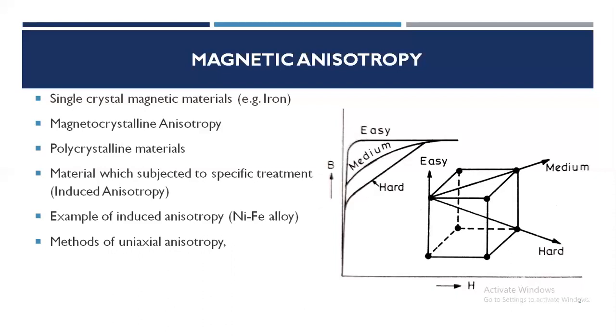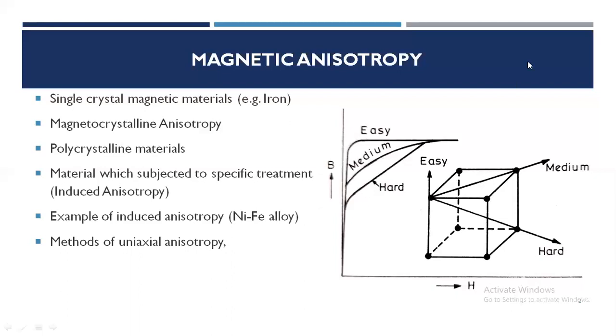In bulk materials, there are three basic methods by which uniaxial anisotropy can be induced. What is uniaxial? In a single crystal, there is one crystal. In a polycrystal, a number of crystals are there, each having some direction.